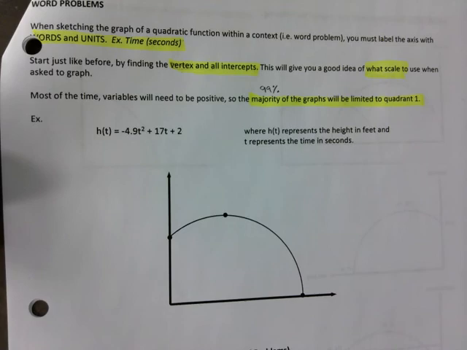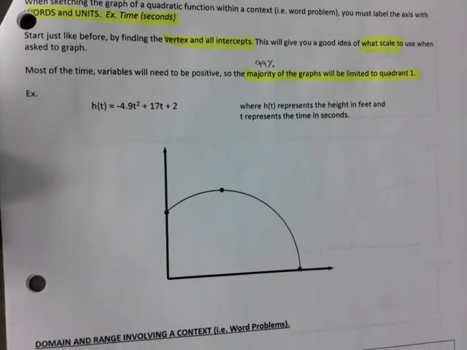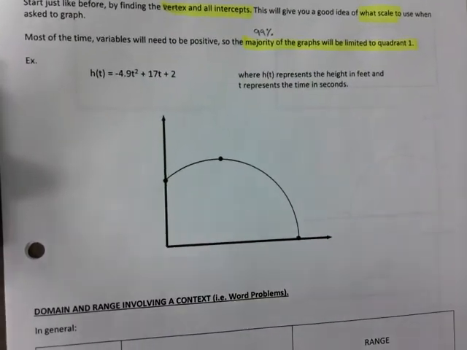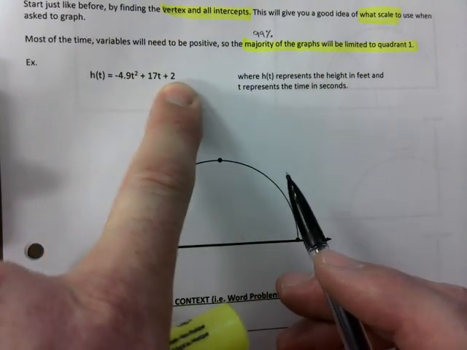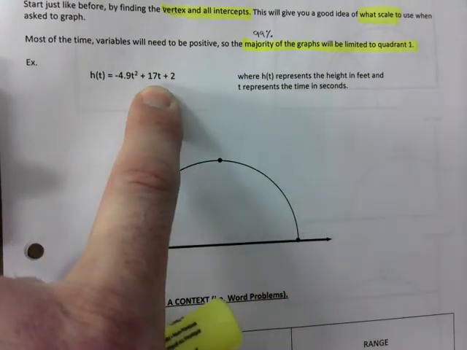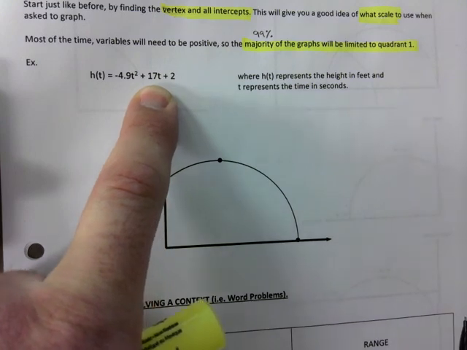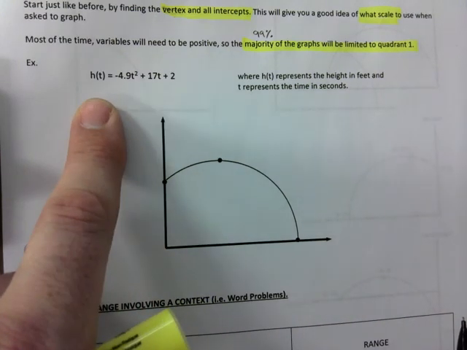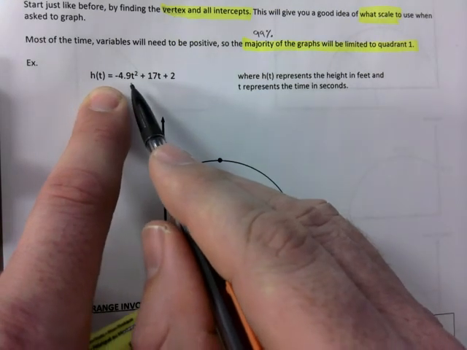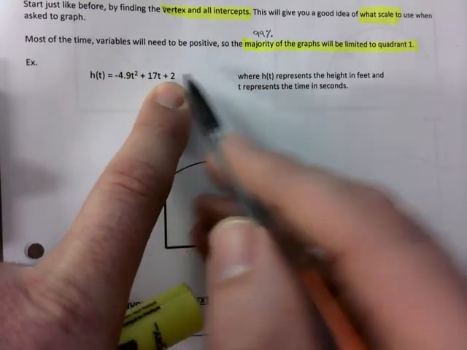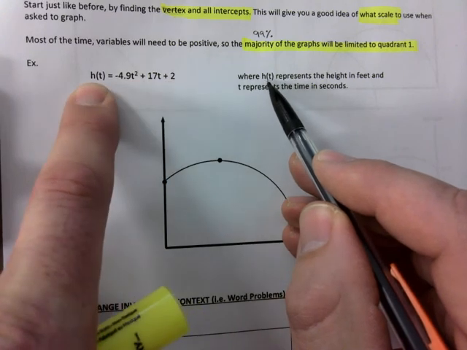Okay. And so let's say, a classic example is you're given an equation. If you're in physics, this will look familiar to you, or maybe you haven't gone there yet. I don't know if it's 11 or 12 where you do motion. If you're given an equation like this, I would have to tell you what the letters represent.